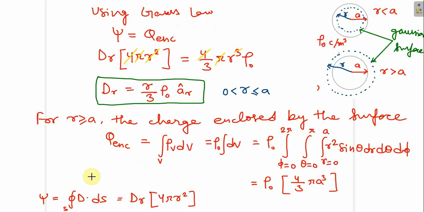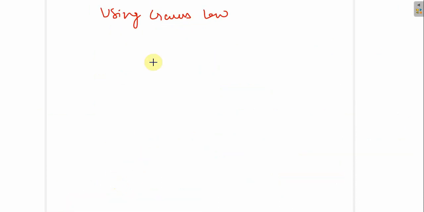Using Gauss law we will equate the two terms, that is Q enclosed equal to psi. So psi is Dr into 4 pi r square, and Q enclosed is 4 by 3 pi a cube into rho 0.